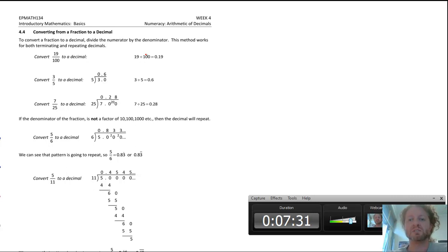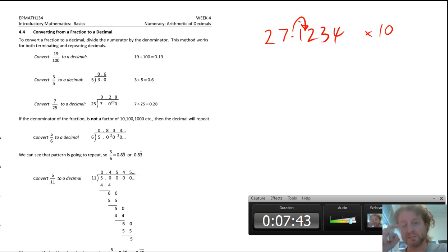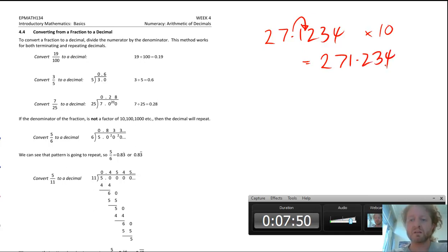What's going to get introduced in a couple of pages is a concept that if I've got some number, 27.1234, and I times it by 10, times 10 means just move the decimal place 1 space bigger. So that times 10 gives me 271.234. The concept is also, what if I times by 100? Well, that'd be move it twice to the right.